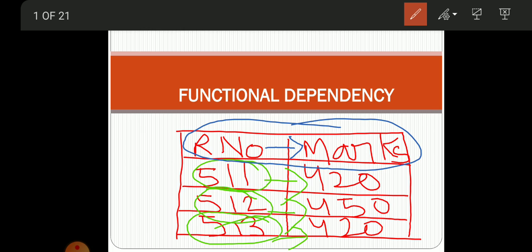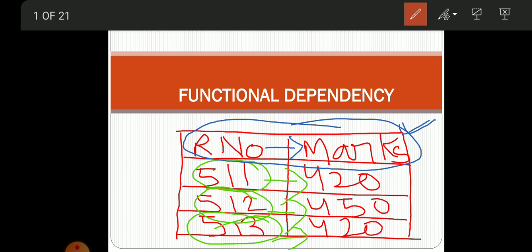So we can define functional dependency in many ways. Like we can say marks are functionally dependent on roll number. This is one way. Or we can say roll number can identify marks, right? And this functional dependency exists, right?